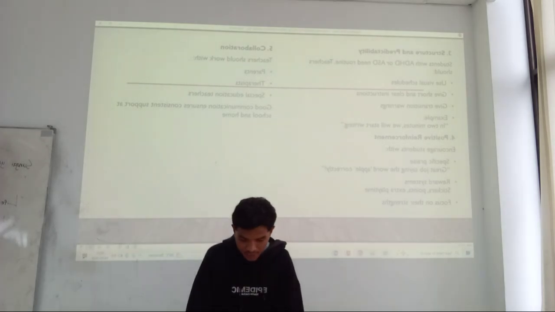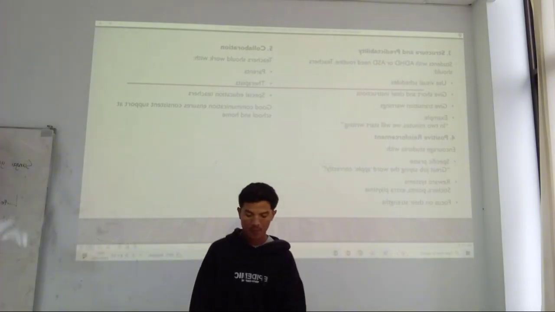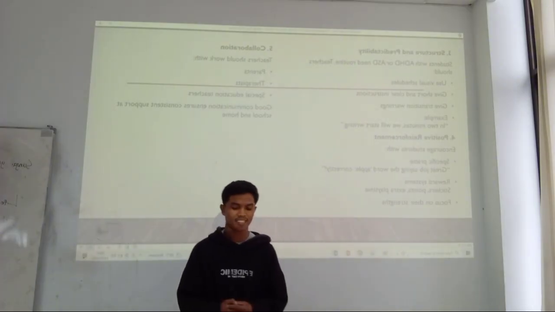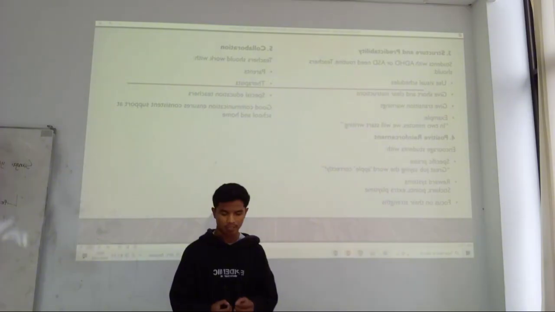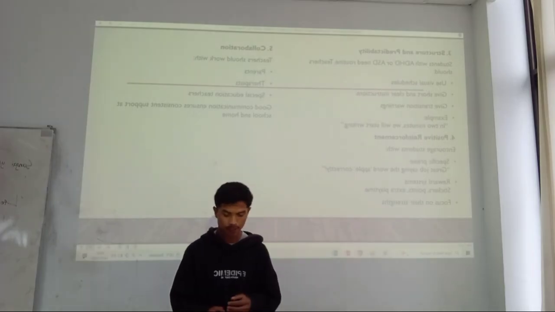Next, positive reinforcement. Encourage students with specific praise, like, good job saying the word apple correctly. And second, a reward system: stickers, points, extra playtime. And the last, focus on their strengths.